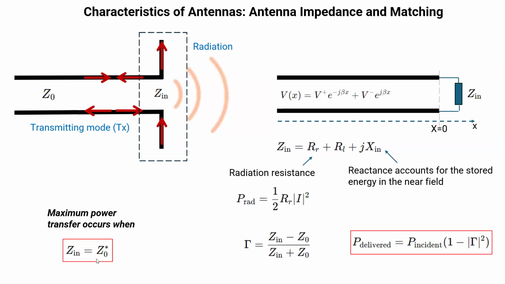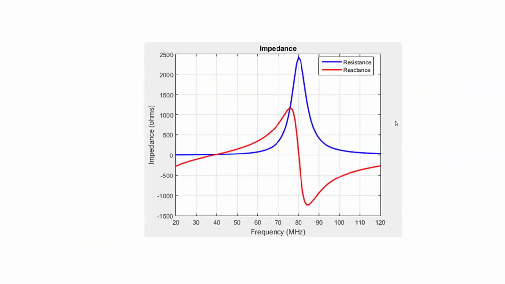That means that in order to achieve this matching regime, the imaginary part, the reactance, must be 0 for the antenna, and the real part, which is radiation loss and dissipation loss, must be equal to the transmission line characteristic impedance.